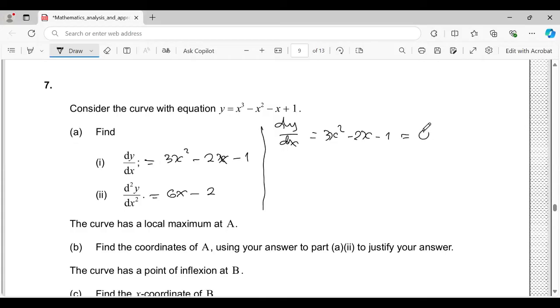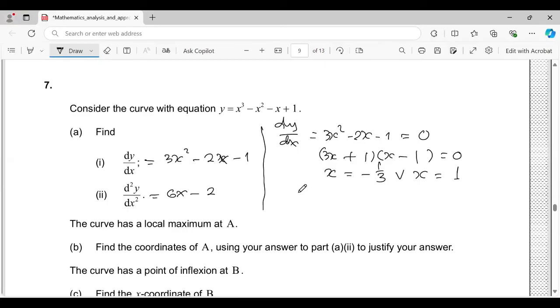It should be 0 if we want to find the coordinate point A. And now we're going to find the roots of this equation. So it's going to be x equals minus 1/3 or x equals 1.